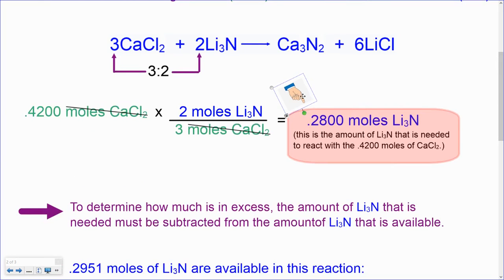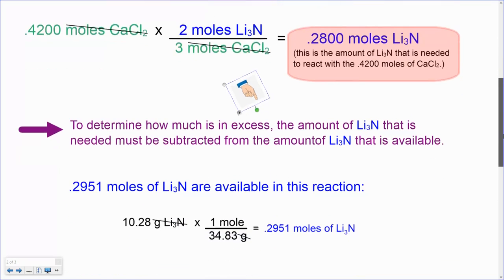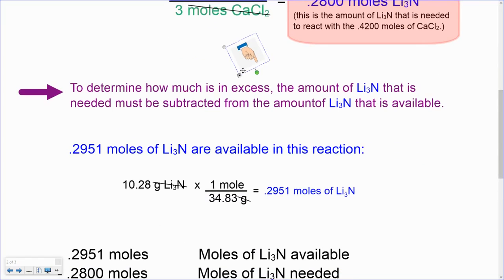To determine how much excess there is, the amount of lithium nitride that is needed must be subtracted from the amount of lithium nitride that is available. So previously in the problem, it was set up, you can convert 10.28 grams of lithium nitride to moles. 0.2951 moles of lithium nitride is what is available in this reaction.